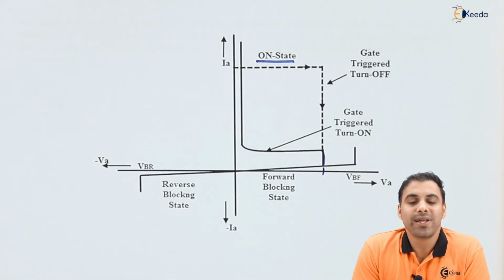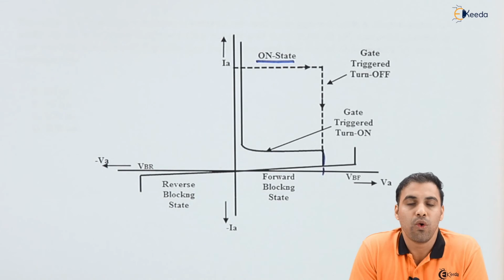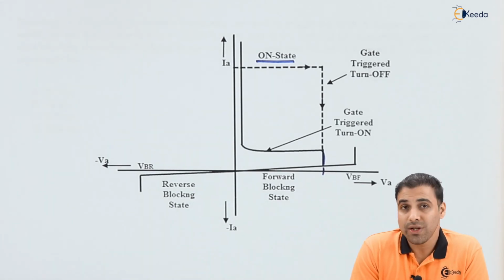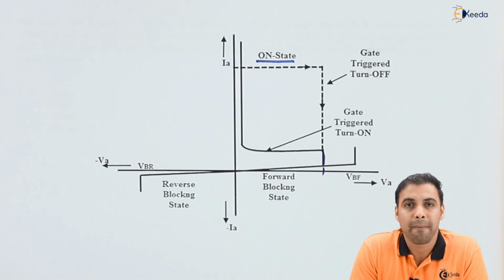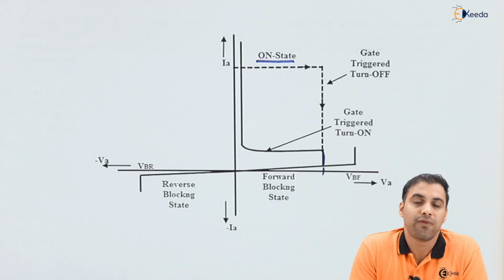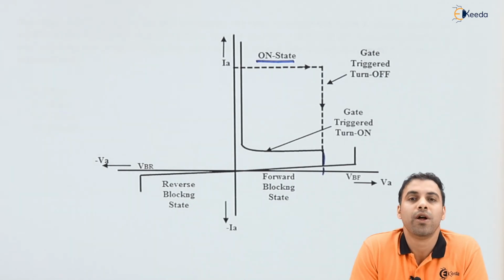So friends, what is the advantage of a GTO over a thyristor? The main limitation of a thyristor is that we cannot stop it. Even if we take the gate supply off from the thyristor, it will still continue to conduct electric current. But this is not the case with a GTO.